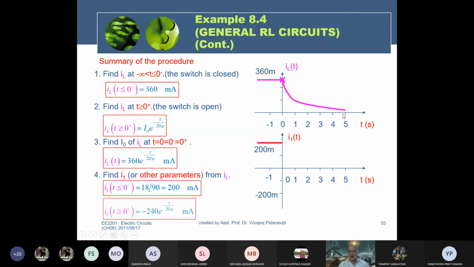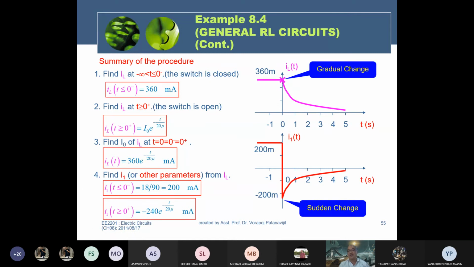For time greater than 0, even though it doesn't have any source, it has some energy driven from the inductor current, and the inductor current will gradually drop, because the energy in the inductor is not infinite. The longer it tries to maintain the current, the more energy is depleted from the inductor, until it is depleted and reaches 0. Therefore, the result is here.